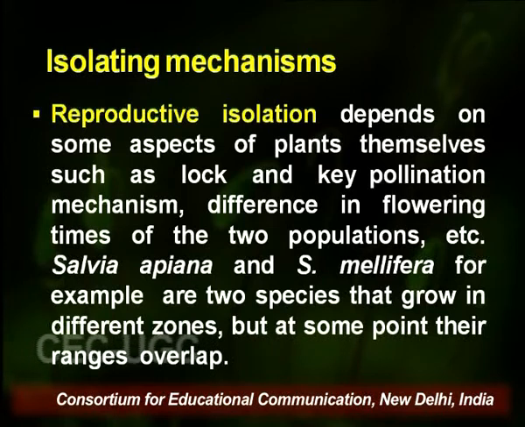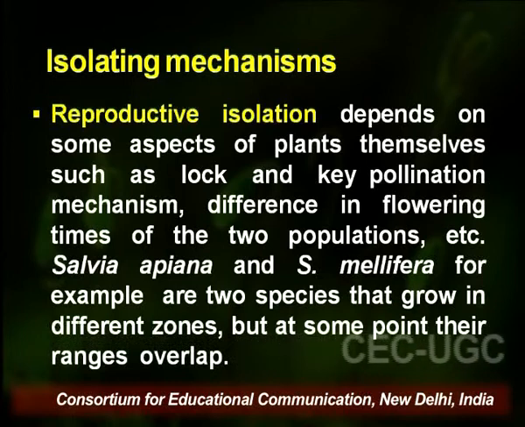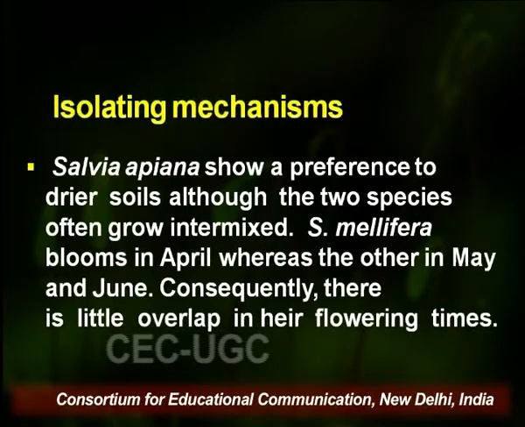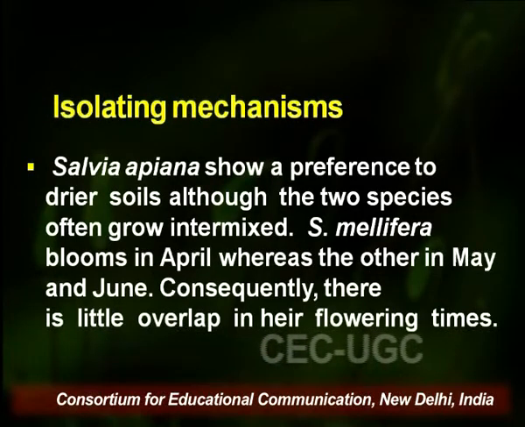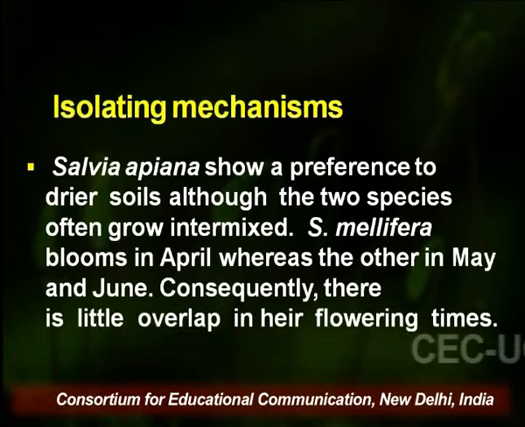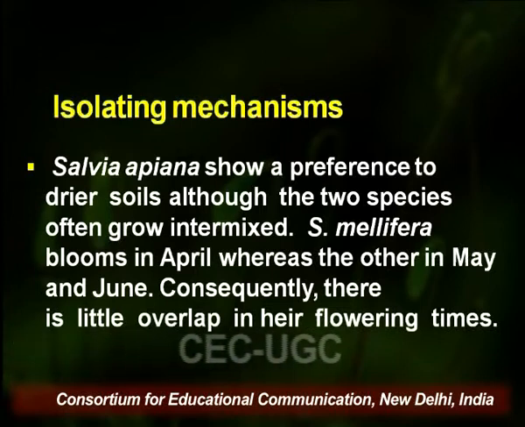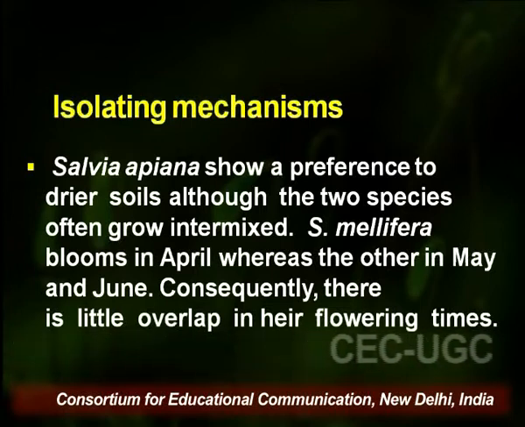Salvia apiana and Salvia mellifera, for example, are two species that grow in different zones, but at some point their ranges overlap. Salvia apiana shows a preference for the drier soils, although the two species often are found intermixed, whereas Salvia mellifera blooms in April, the other one blooms in May and June.